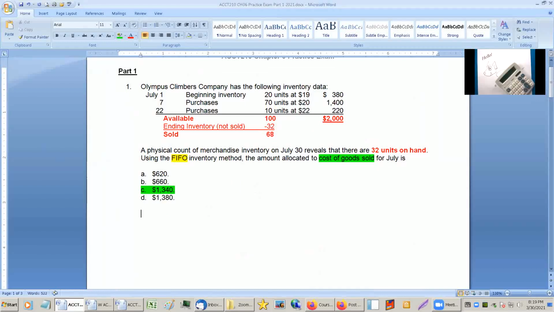We need to find the cost for, we sold 68. So you need to find the cost for those. Okay.